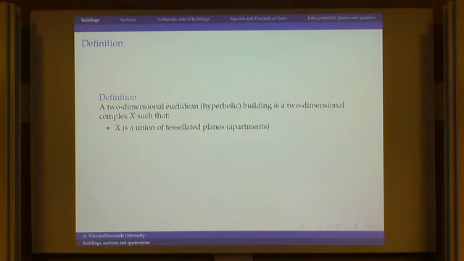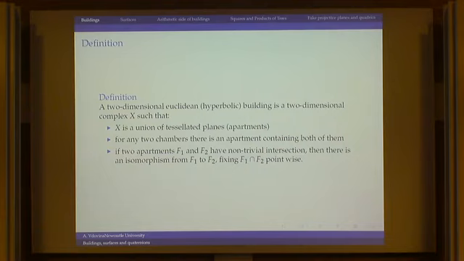Okay, now I think it's time to define two-dimensional buildings, and we will define at the same time Euclidean and hyperbolic buildings. We say that a two-dimensional Euclidean or hyperbolic building is a two-dimensional complex such that it's a union of tessellated planes called apartments, and for any two chambers, there is an apartment containing both of them.